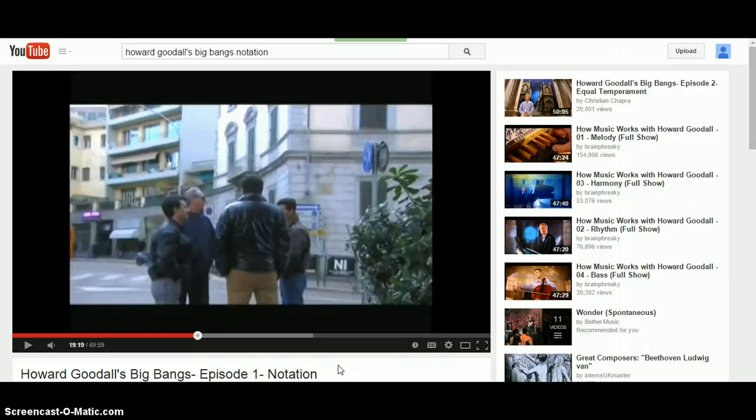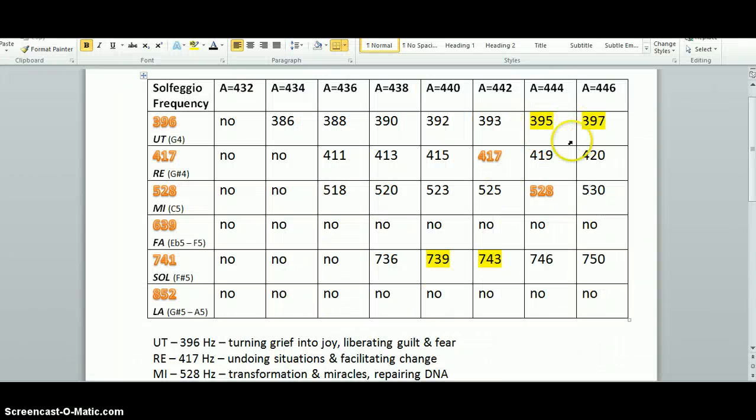And that's what Guido would use in order to teach his students where the pitches were on his staff. And they are stepwise. The ancient solfeggio frequencies are not stepwise. As you can see here, there's no way that these match with the actual pitches of what Guido wrote.